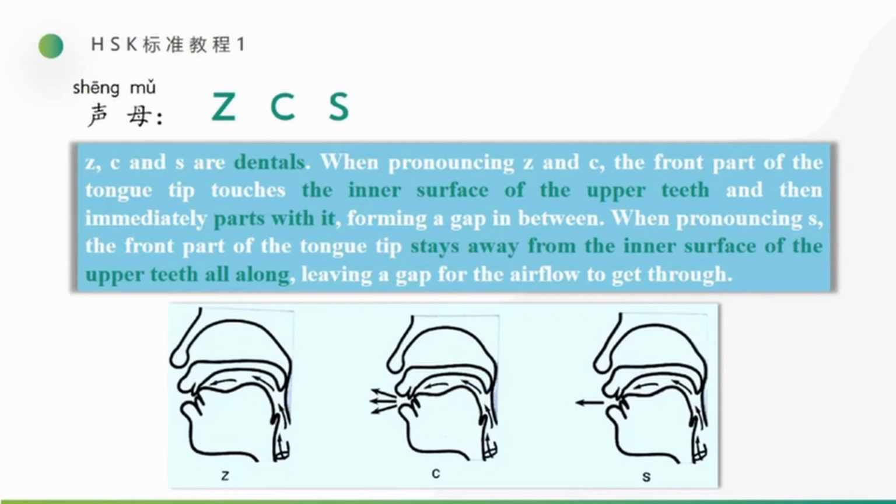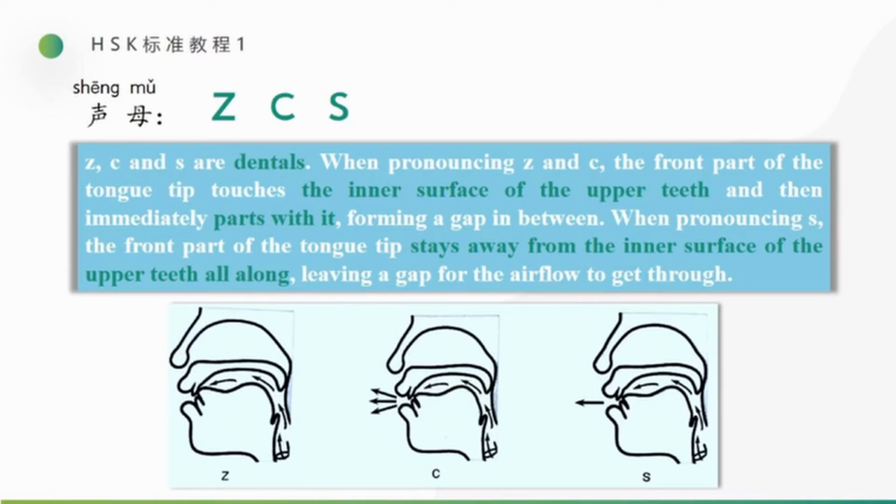Okay, let's look at these three. 滋, 呲, 思. They are also one of the difficulties for you in learning. 滋, 呲, and 思 are dentals. When pronouncing 滋 and 呲, the front part of the tongue tip touches the inner surface of the upper teeth and then immediately passes with it, forming a gap in between.